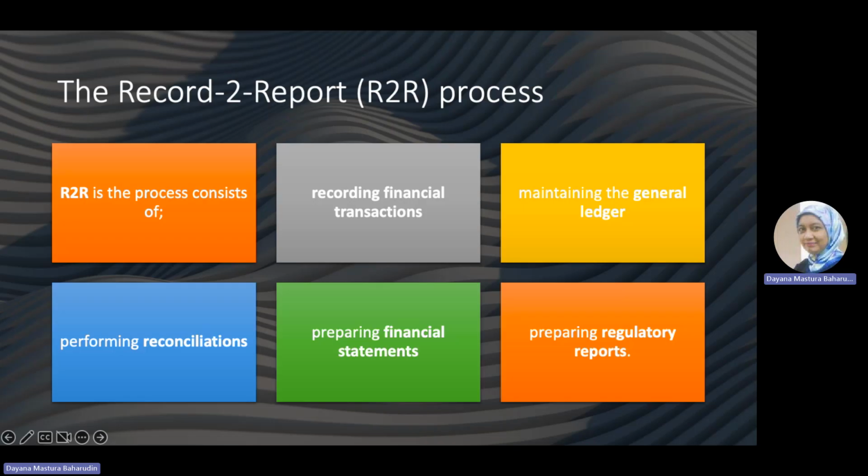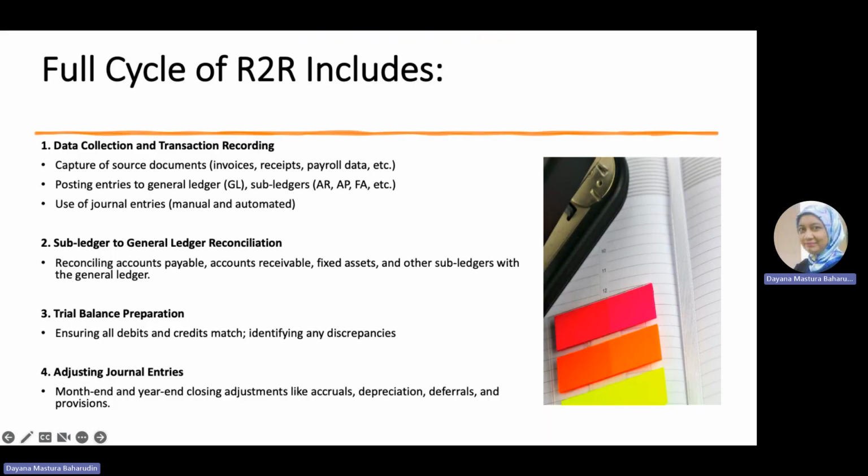It depends on each individual, but R2R is the general ledger, like doing all the reporting. So it's good if you join P2P or O2C, any one of them, before you join R2R. But there's no hard and fast rule. You can still join R2R initially and then move on to P2P and O2C to get the required experience.